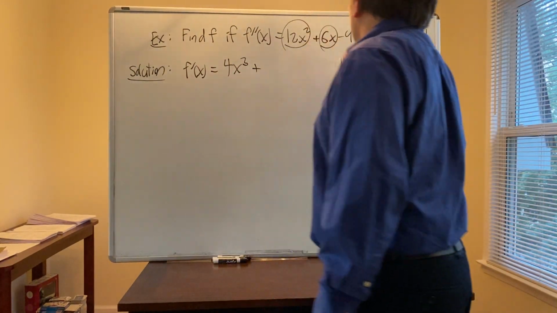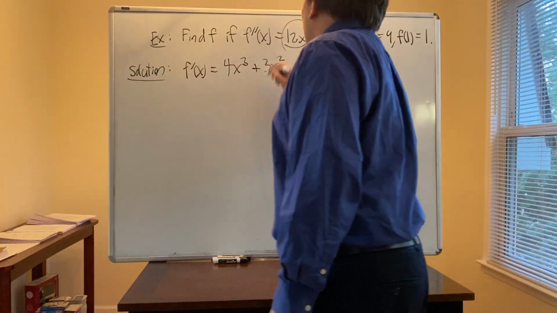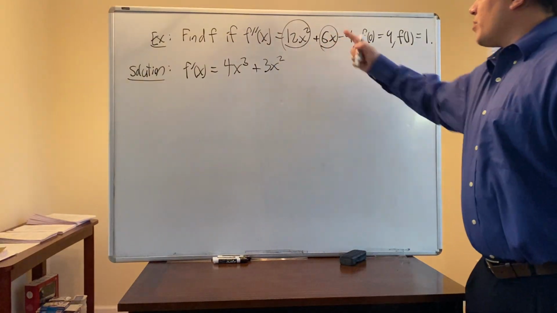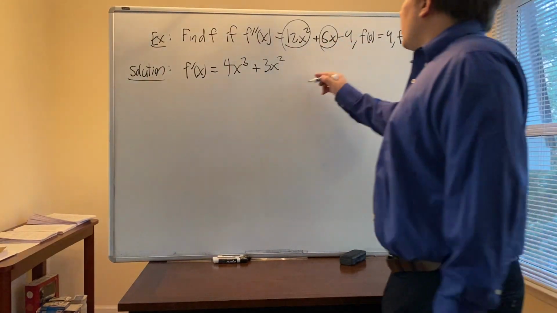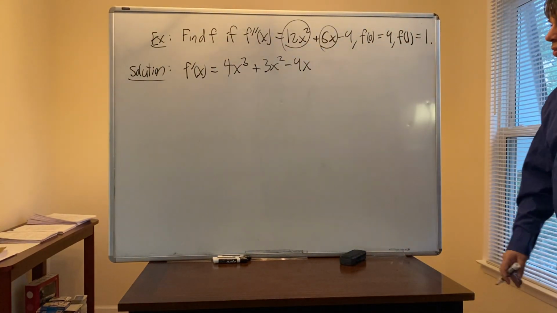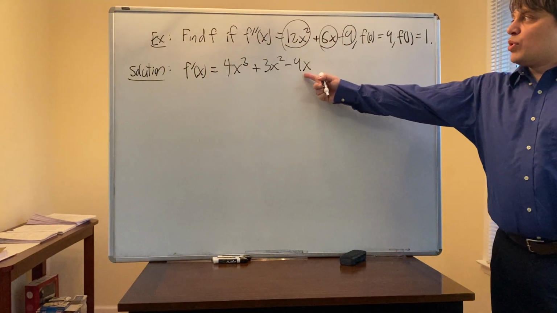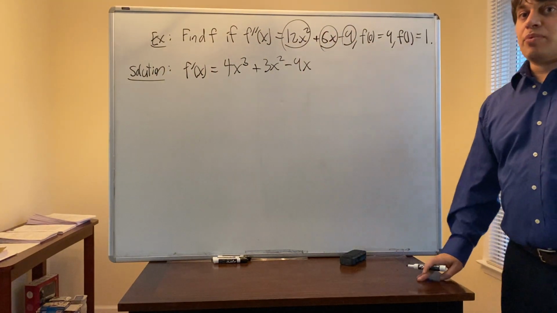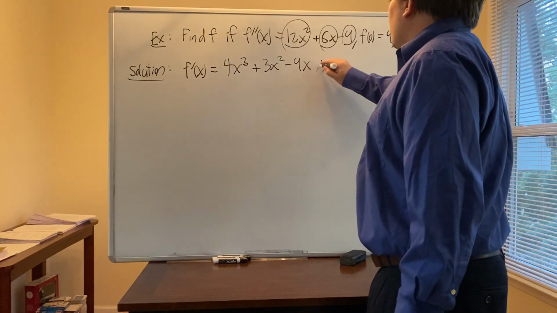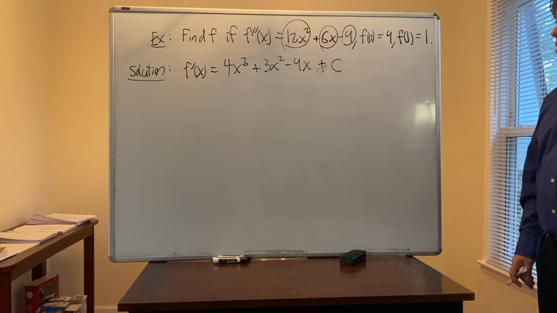Plus, an antiderivative of 6x is 3x squared, because 3 times 2 is 6, and then subtract 1 from the exponent. And then the antiderivative of negative 4 is minus 4x. Okay? And so now, that is the most general antiderivative of f double prime of x. And then you add a plus c here. The plus c makes it the most general antiderivative of f double prime of x.